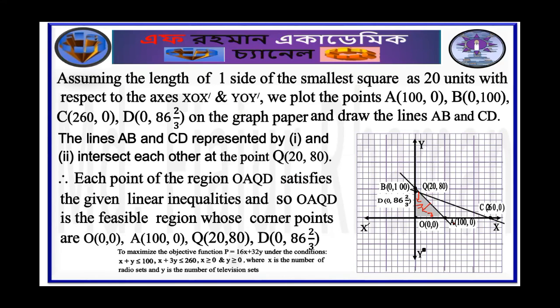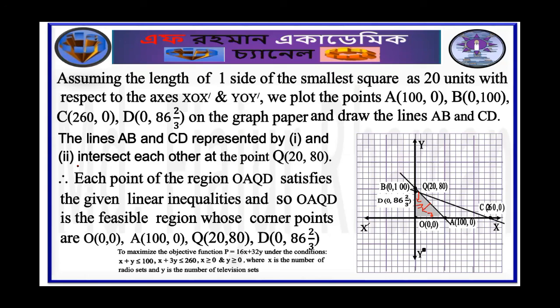Since AB and CD intersect at the point Q, and Q is a corner point of this feasible region, we have to find the coordinates of this point by solving equations 1 and 2. The coordinates of the point Q are (20, 80).